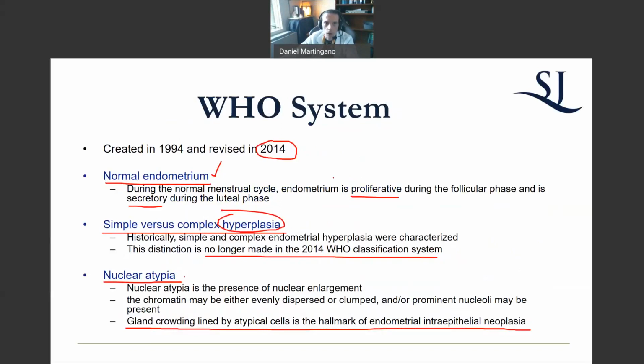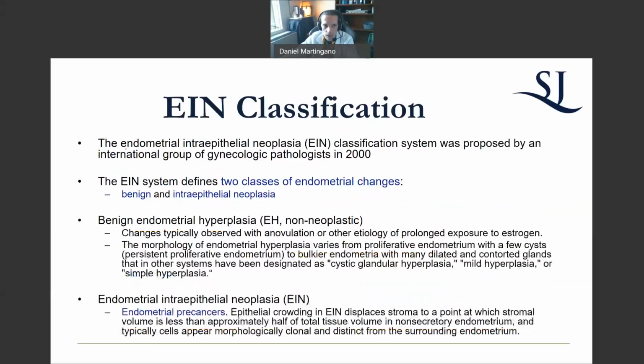If you're using this classification, the EIN, which is endometrial intraepithelial neoplasia, similar to how cervical cancer is managed, it's really just two things. It's either benign or you have the intraepithelial neoplasia, which is your precancerous change.